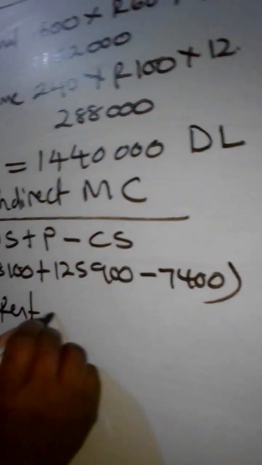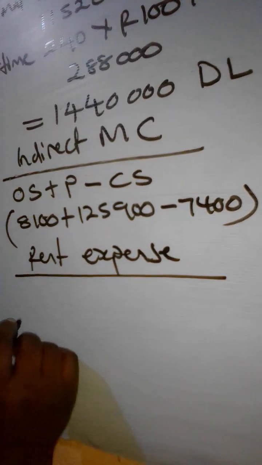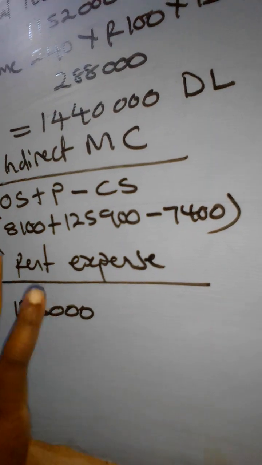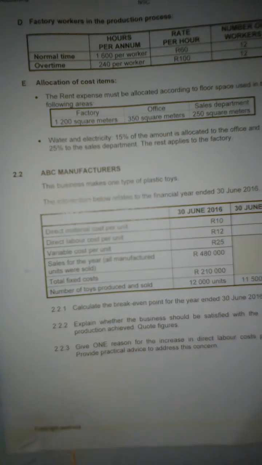Let me do the calculation here. Rent expense. The rent expense is 135,000 that was paid, which we are supposed to apportion amongst our factory, office, and the sales department.